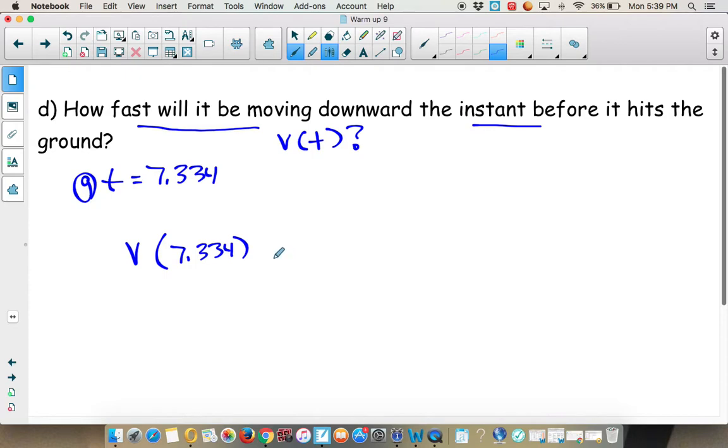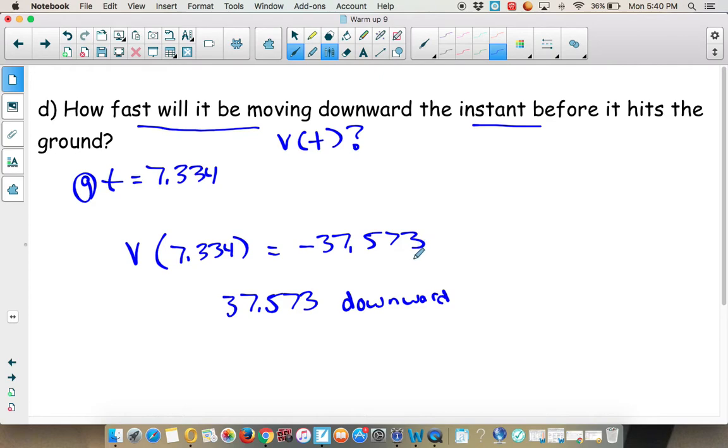So you're going to put that into your velocity equation and evaluate it, and you end up with negative 37.573. Okay, so you can either answer it with the negative, or you can say 37.573 downward.